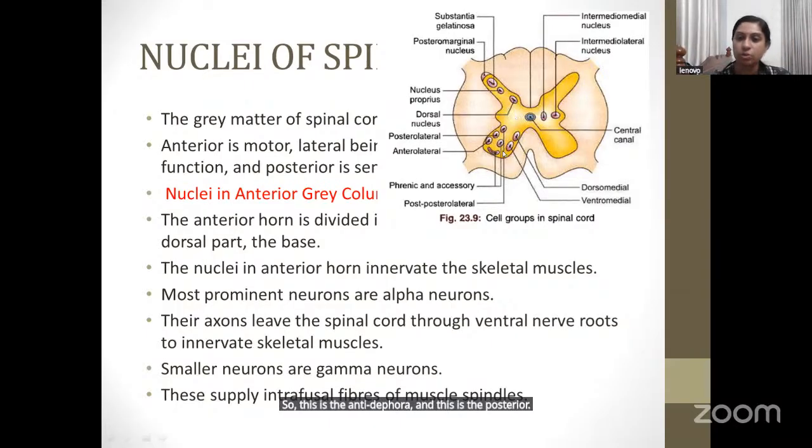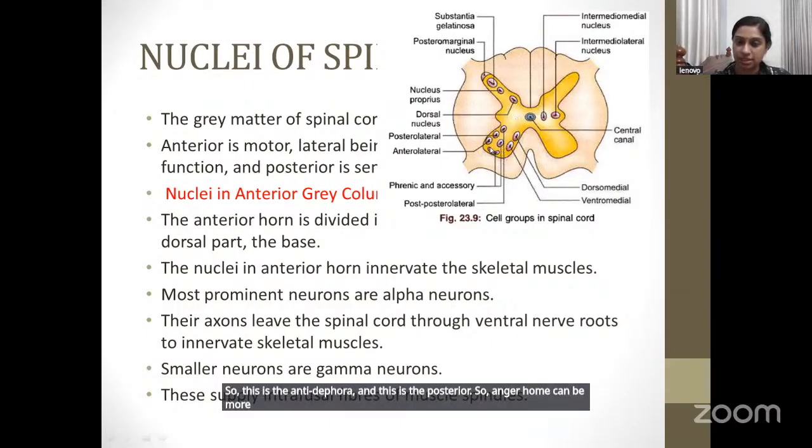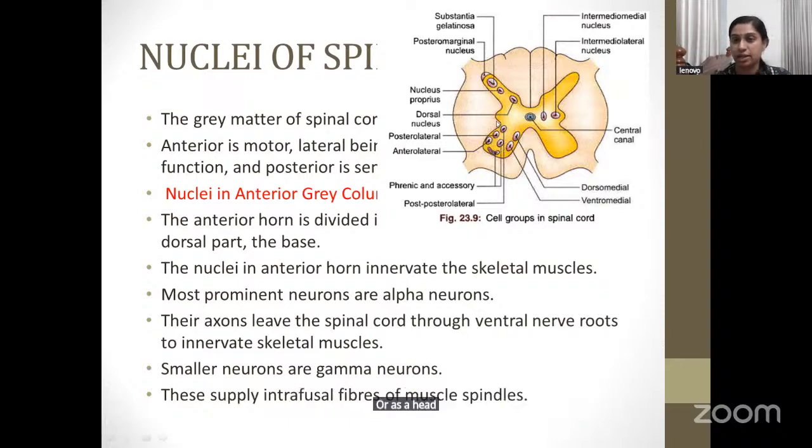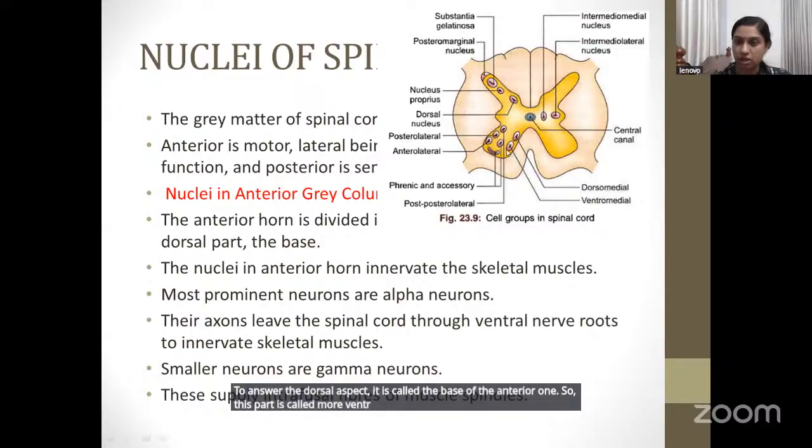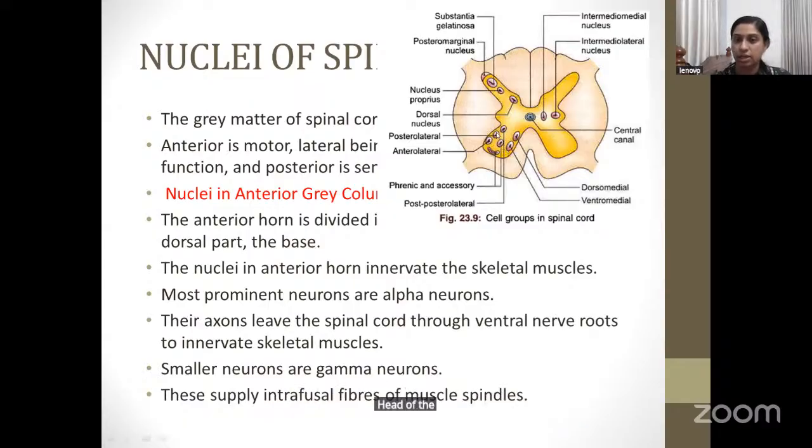The part more ventral is called the head of the anterior horn. And this part towards the dorsal aspect is called the base of the anterior horn.